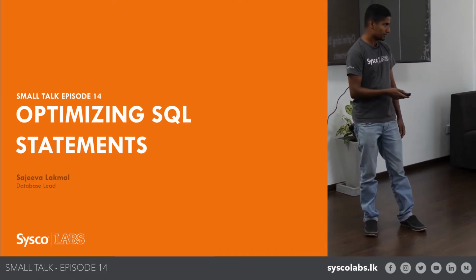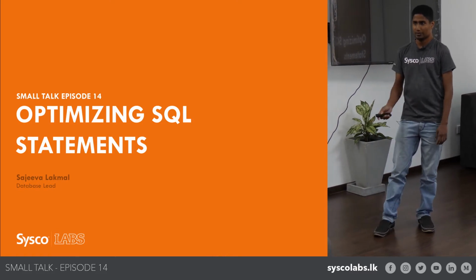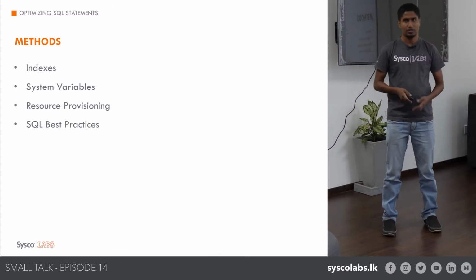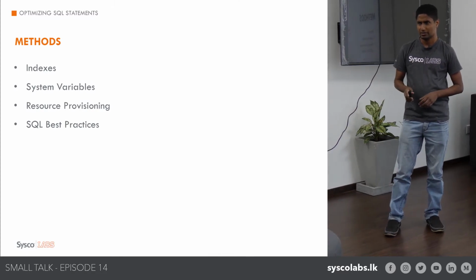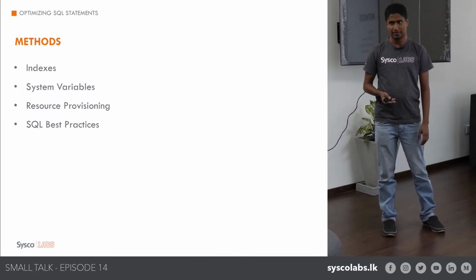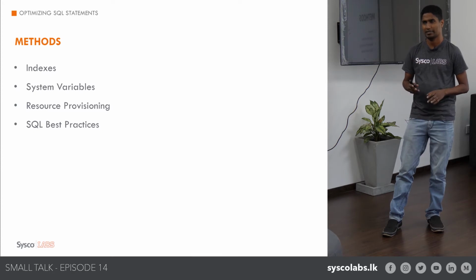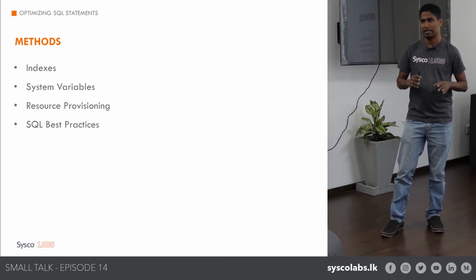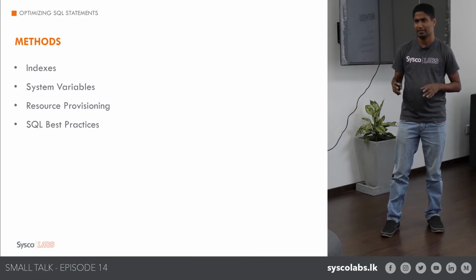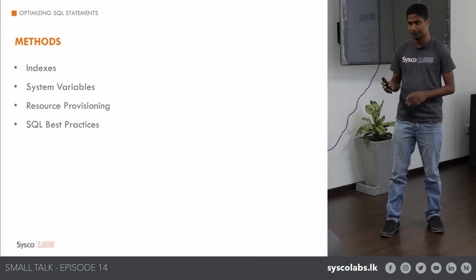Today, I am going to talk about how we can optimize SQL statements. In order to optimize SQL statements, we have several methods. First one is indexes. You already know about indexes, right? This is where we create indexes on tables so that we can provide an easier way for SQL to access certain data in the table.